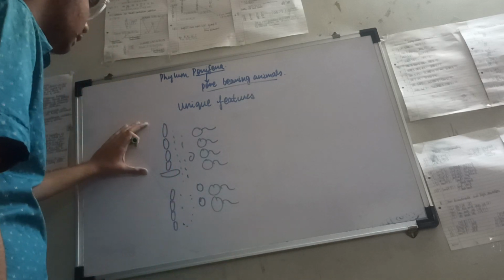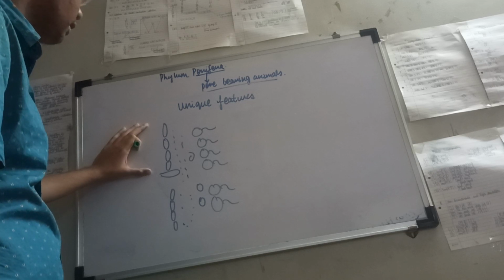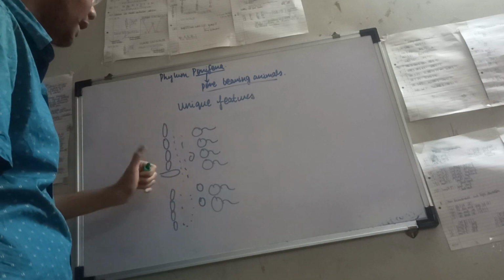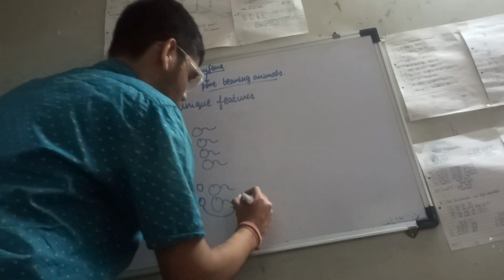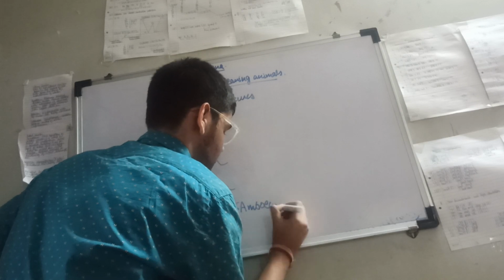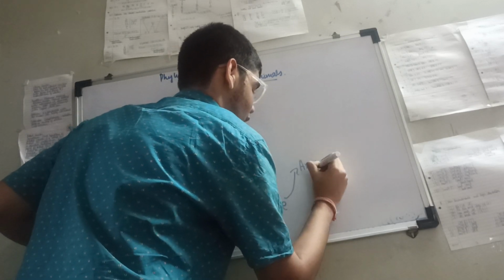So these are the pinacocytes. This is the mesoglea, and here amoebocytes are present. The most common is the archaeocyte.